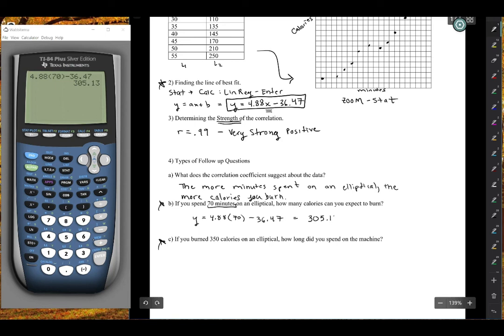Second type is this time if you burned 350 calories, so that's going in for Y, how long did you spend? So this time you're solving for X, or the amount of time, and sometimes students don't catch that when they do these types of problems. So be wary of what variable you're solving for. I'm going to add 36.47 to 350.